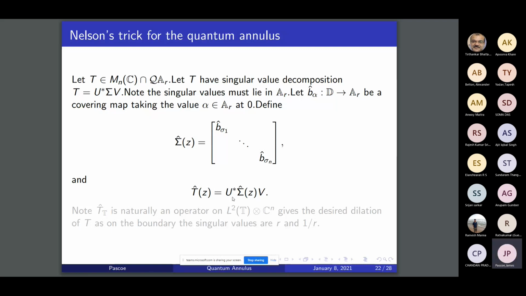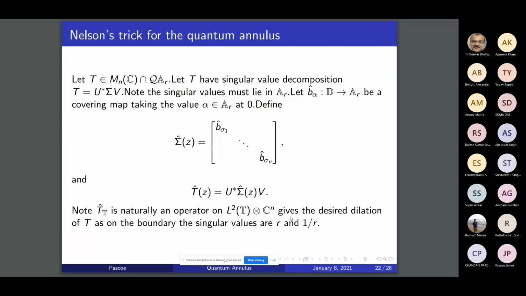And then I let T hat of z be just U star sigma hat of z V. Then naturally, this T hat restricted to T is an operator on L2 of the circle tensored with C^n. And that gives the desired dilation because on the boundary, this function takes values which are matrices with singular values either r or 1 over r.